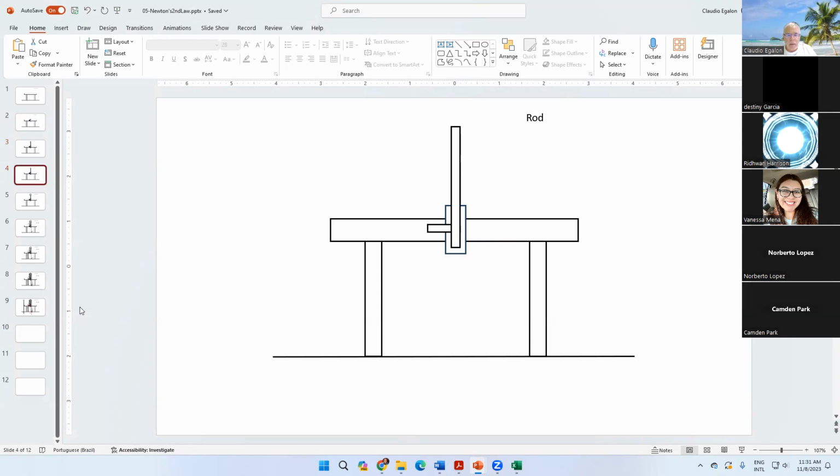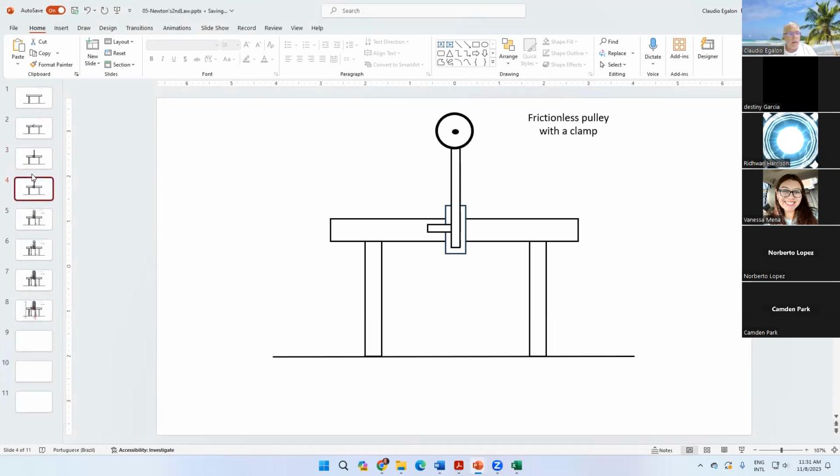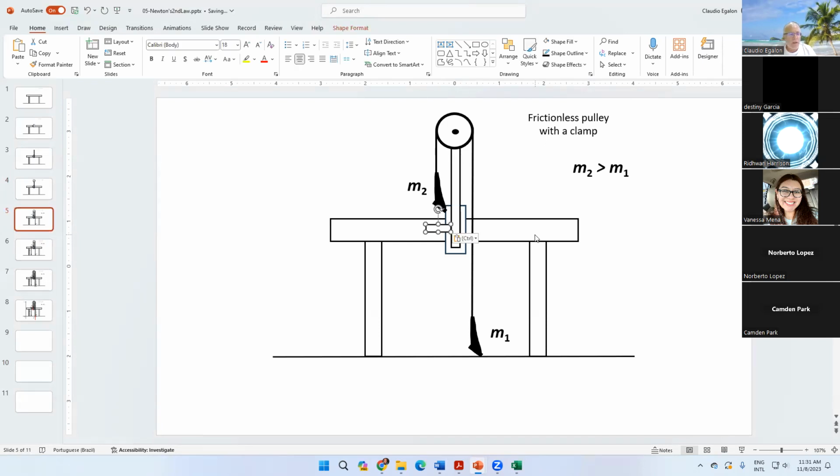Then pulley. Pulley is a clamp. Frictionless pulley with a clamp.